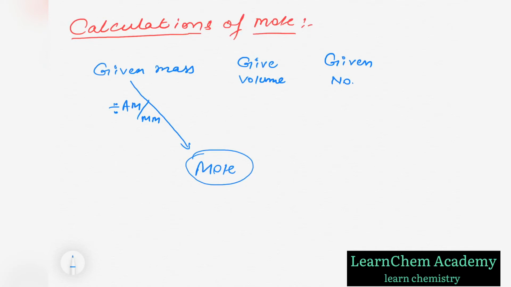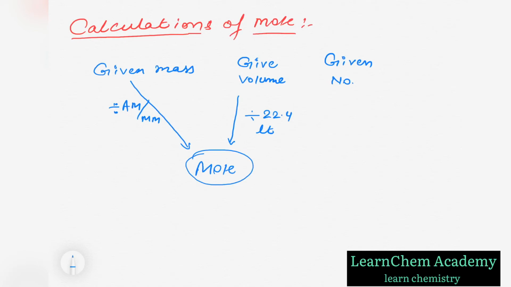If volume is given, then we have to divide that given volume by 22.4 liter, because 1 mole of gas contains 22.4 liter volume at STP.